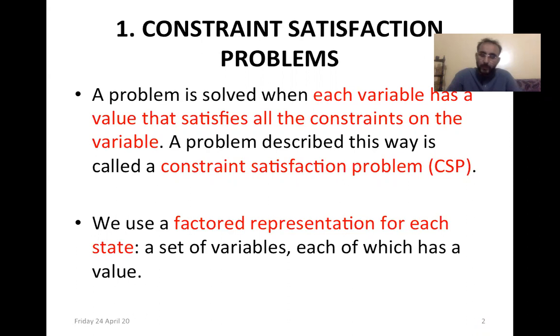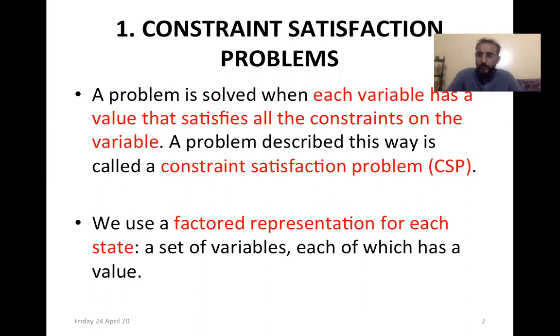Then we have to identify the set of values, and then we have to assign those values to these variables by considering the available constraints. And when we assign these values to these variables by satisfying all constraints, then finally we can say that our problem is solved, and this is a form of the constraint satisfaction problems.